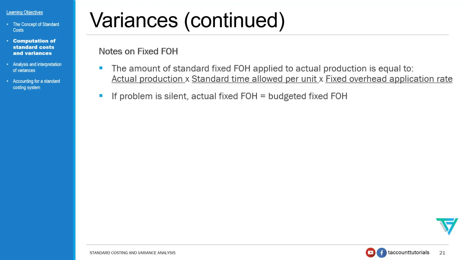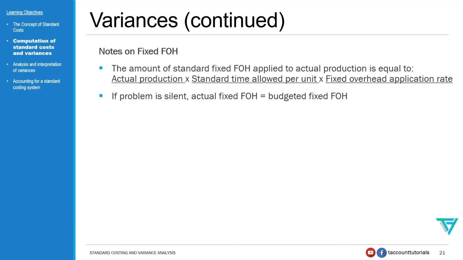All right. Now, if the problem is silent, we can have the assumption that actual fixed overhead is equal to budgeted fixed overhead. All right. So that is if you've already exhausted all of the possible data given in the problem, and you've read through the problem and analyzed it, and in the end, you won't be able to arrive at either the actual or the budgeted, but the problem asks for the volume variance.